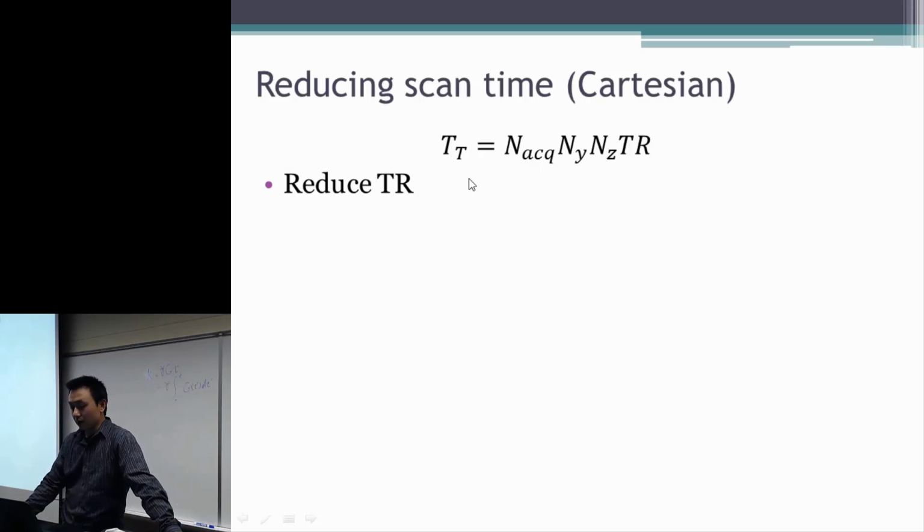As we discussed during the last section, to achieve fast imaging, we have several ways. First one is to reduce TR, as we discussed last session.